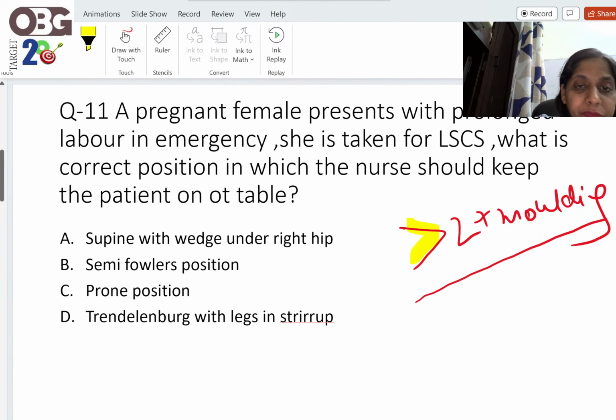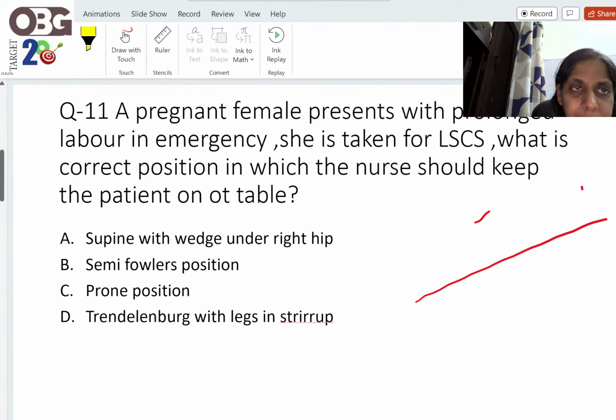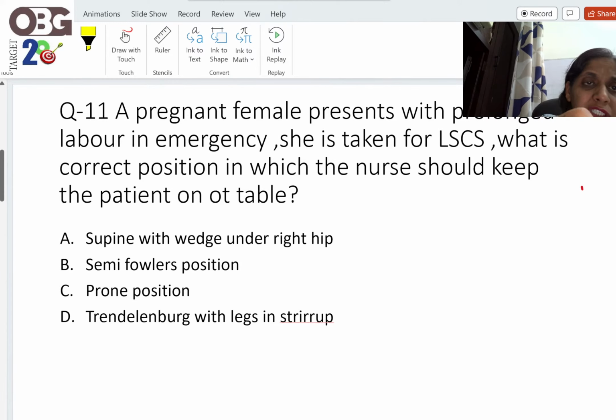Chaliye, next. Now in this condition she is taken for LSCS. What is the correct position in which the nurse should keep the patient on the OT table?